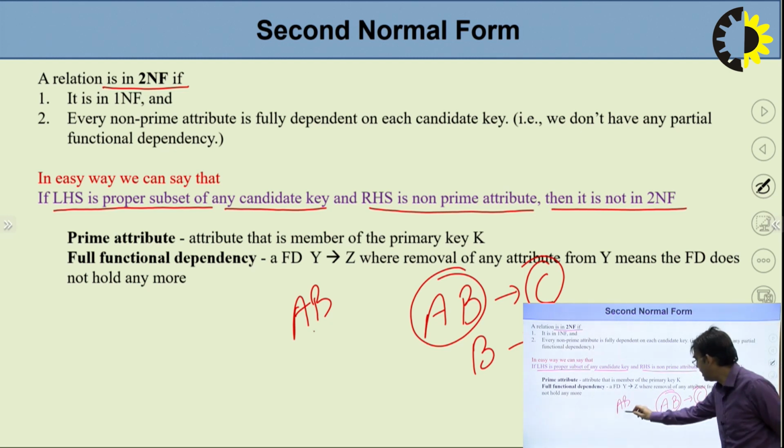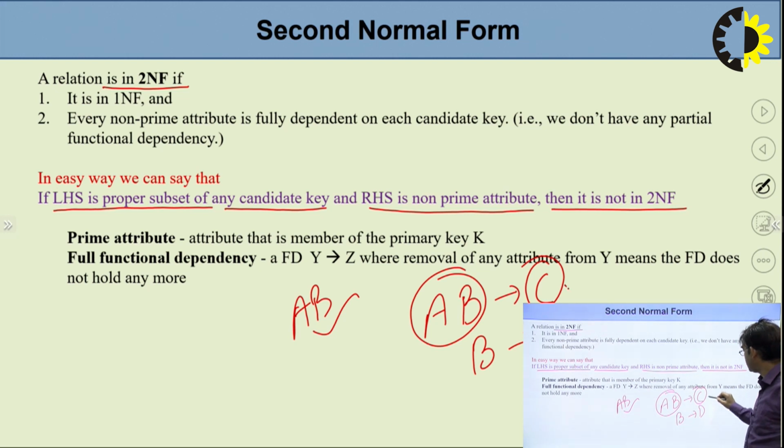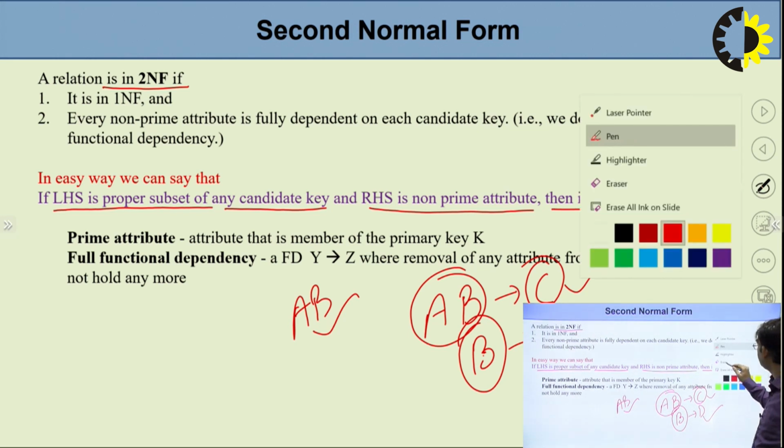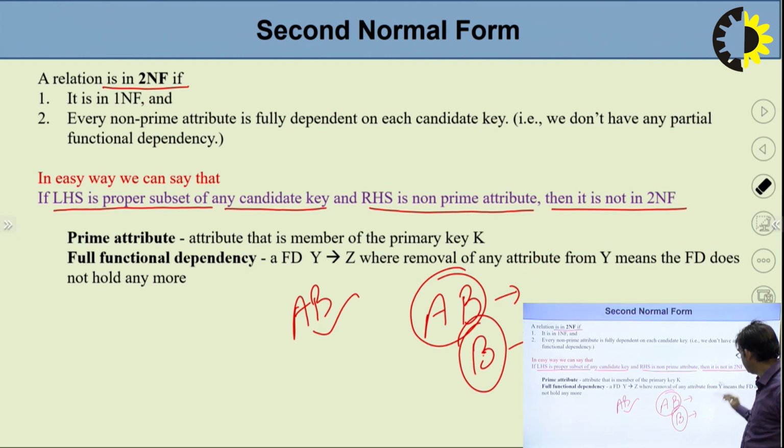Here AB is not a part of the key, that's why it is fine for second NF. But on this side, the left hand side B is part of AB, that's why it is not in second NF, and D is definitely a non-prime attribute. So this way we can identify whether the given relation is in second NF or not.